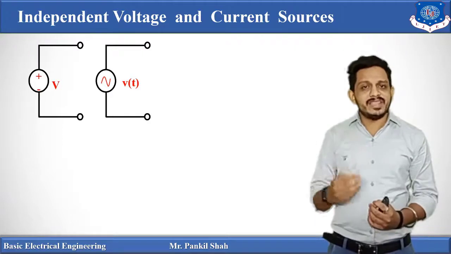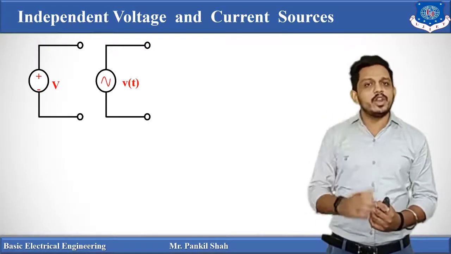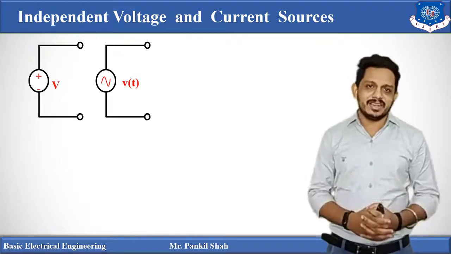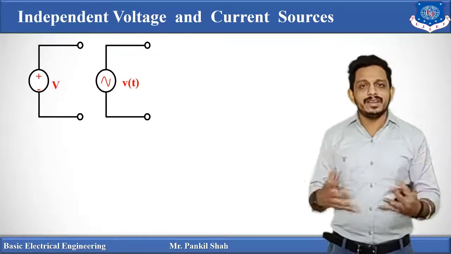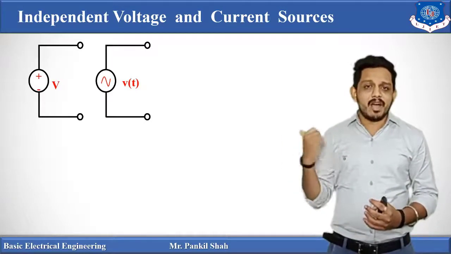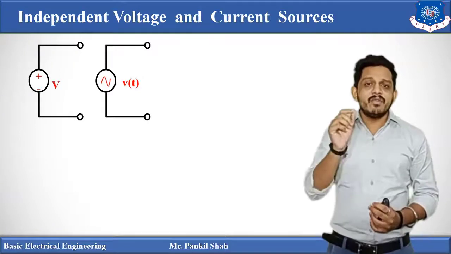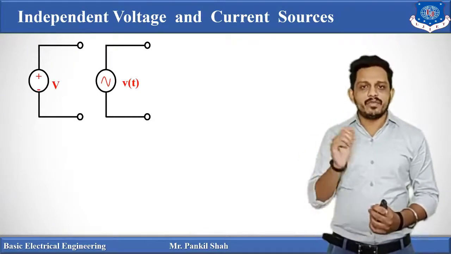In case of AC voltage source, we will draw one small sinusoidal waveform inside that circle. So that means it will be the AC voltage source, and its output is represented by V as a function of time, so V of t.